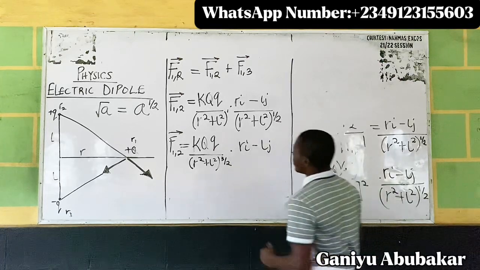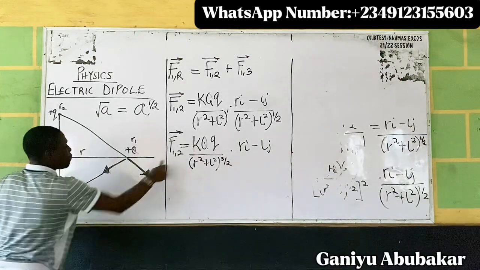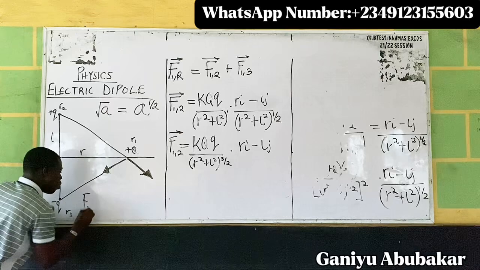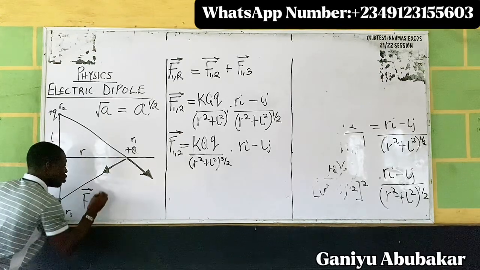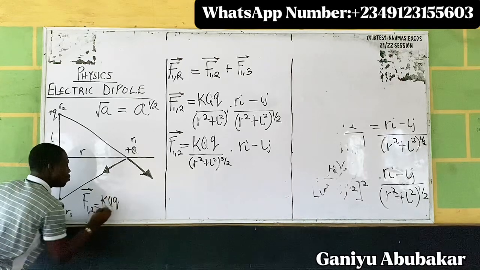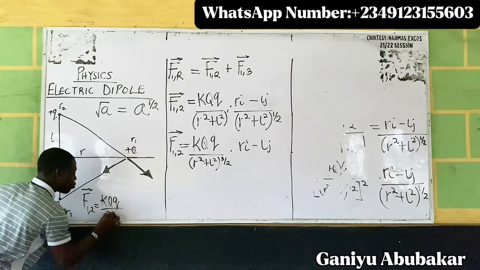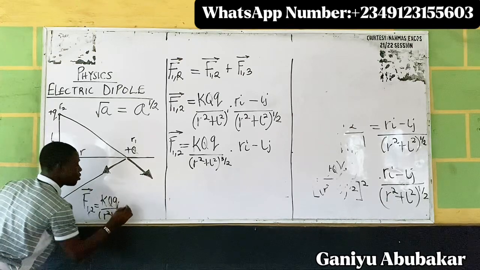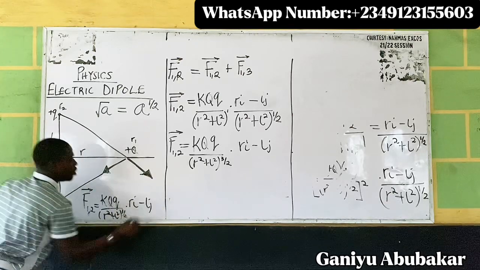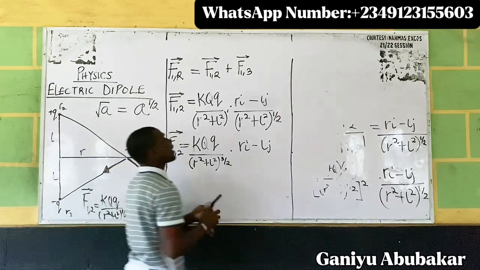So f12 is equal to kqq all over r squared plus l squared all to power 3 over 2 dot ri minus lj. Keep it pending.